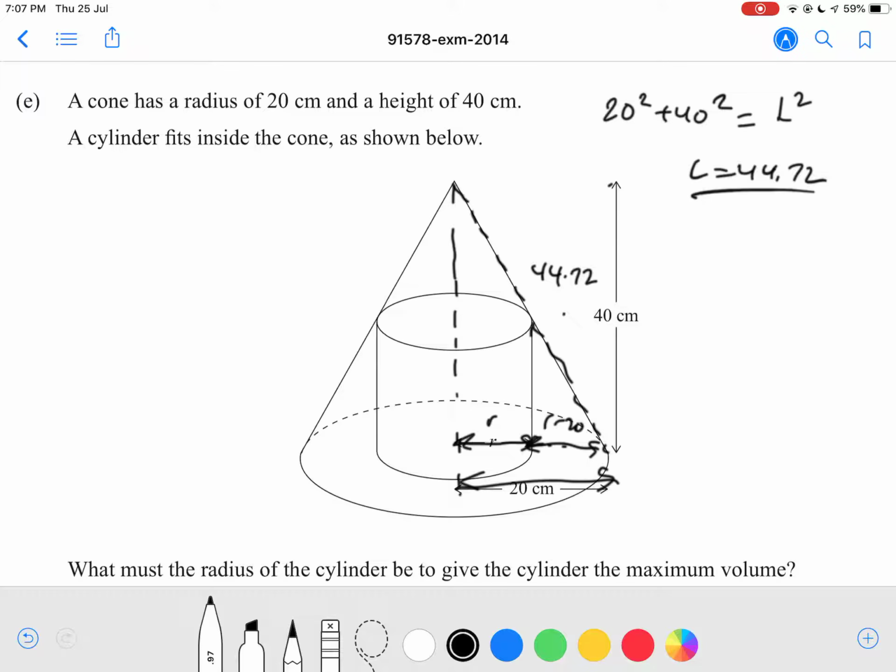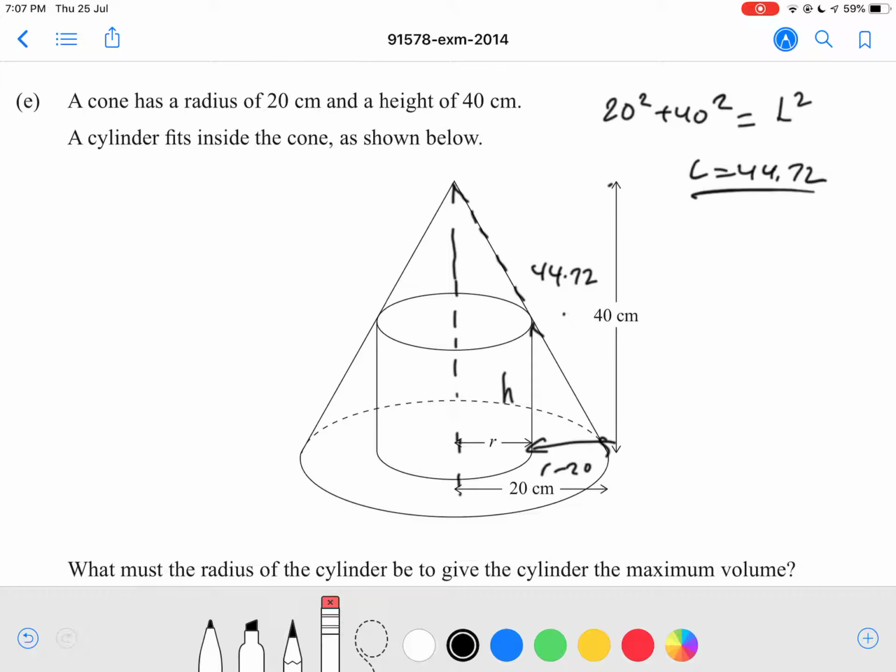And because this is the height of the cone, this length must be h. So the bottom length here is r minus 20, and the height is h.